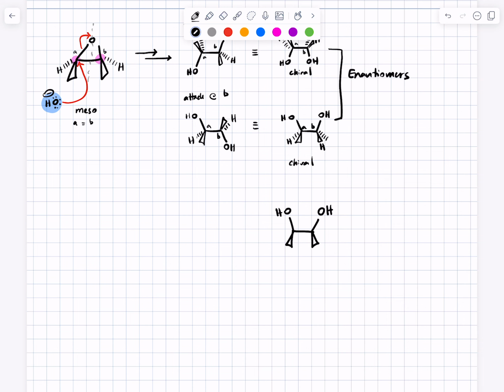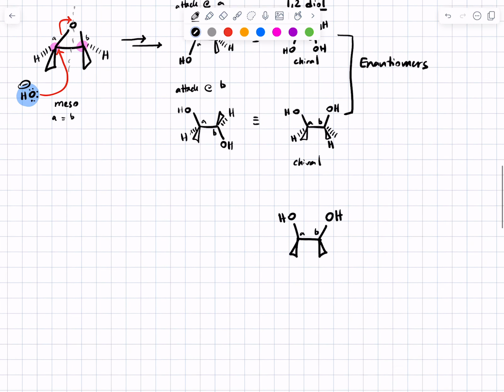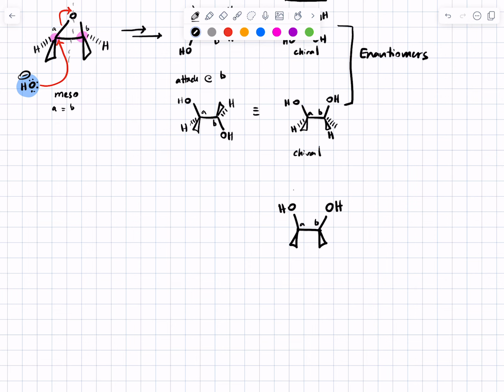Okay, so there is a 1,2 diol product. Note that this product is actually not chiral. It's a meso compound. It's got stereocenters, but nevertheless, it is not chiral because of the plane of symmetry that shows you that carbons A and B are equal to each other.